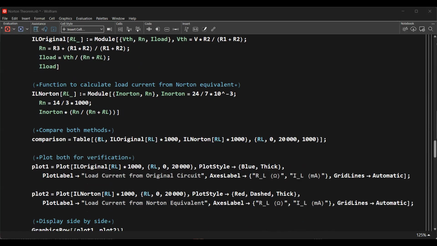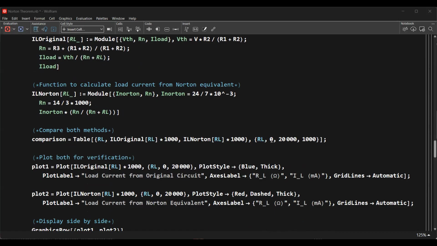Then for the comparison, we have the table for RL, the original load current IL, and the load current using the Norton equivalent.